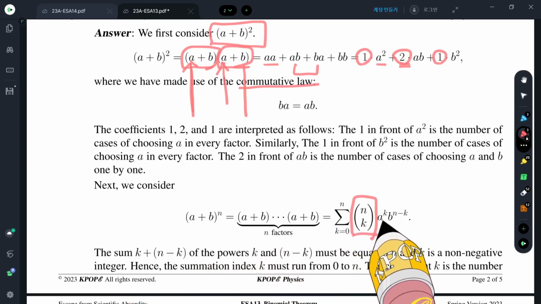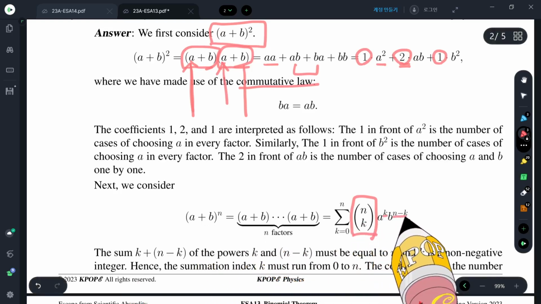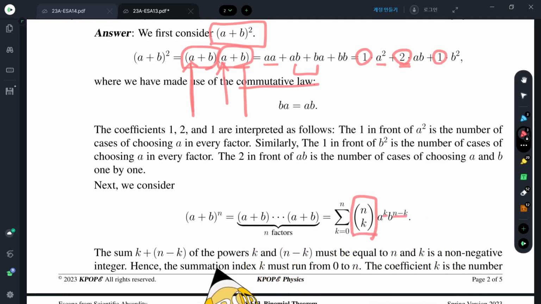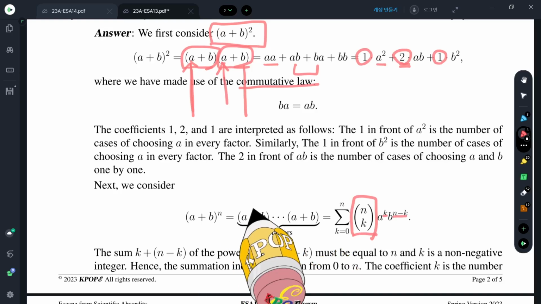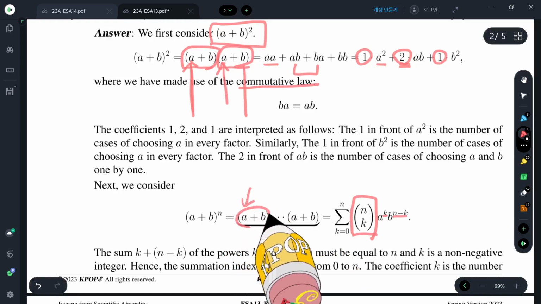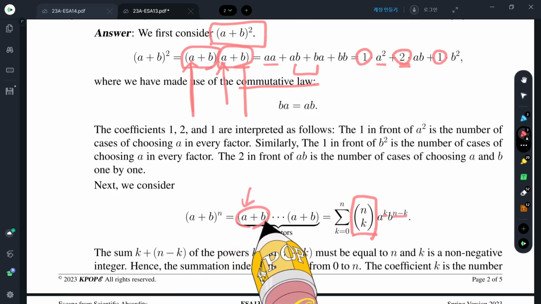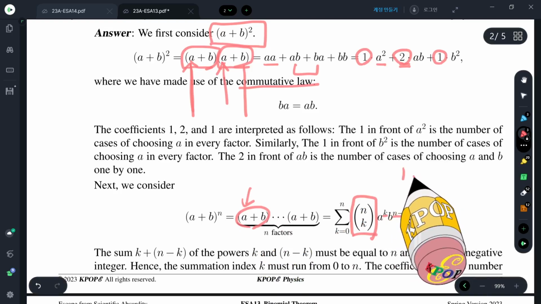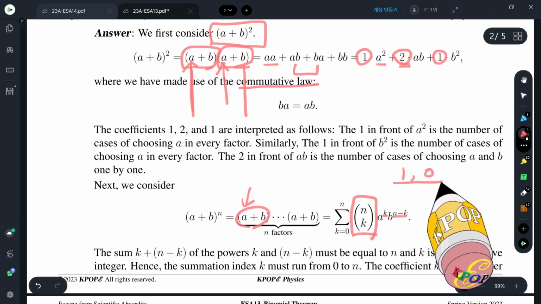The sum of A's power and B's power must be n because there are n factors. If I choose A in a single factor, then I don't choose B. So the number of cases should be either 0 or 1.